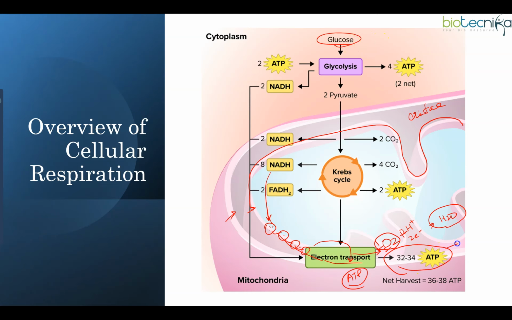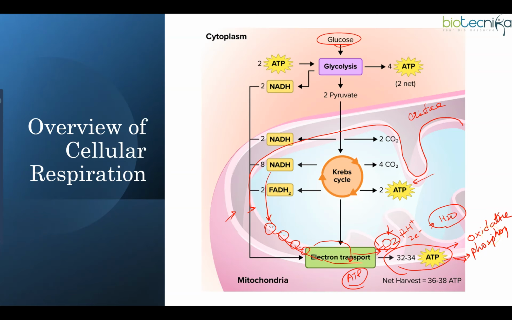And since this ATP is produced by the utilization of oxygen, that is why, as I said, the earlier phosphorylation was substrate level phosphorylation, but the phosphorylation you generate through the electron transport chain and ATP synthesis is called oxidative phosphorylation.